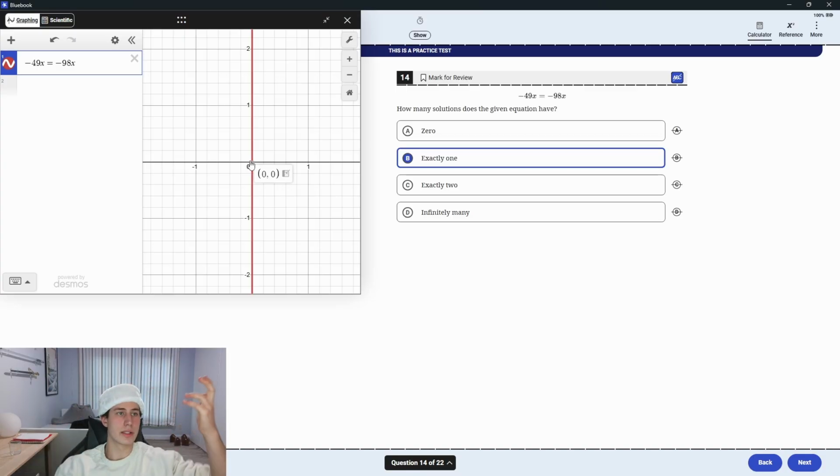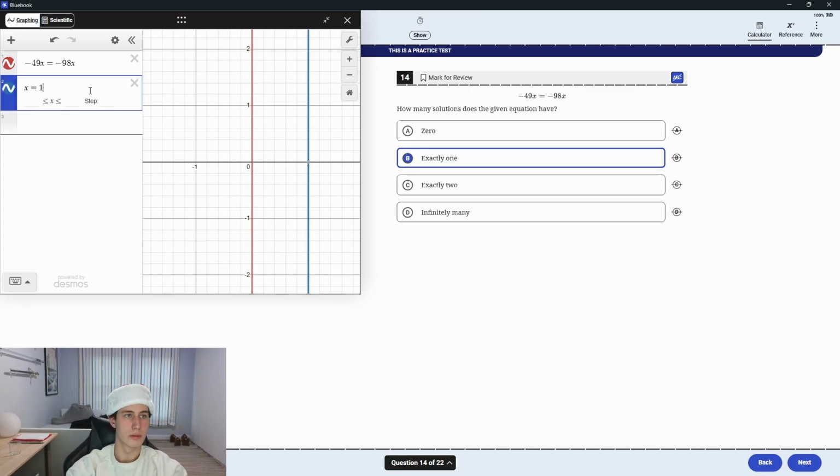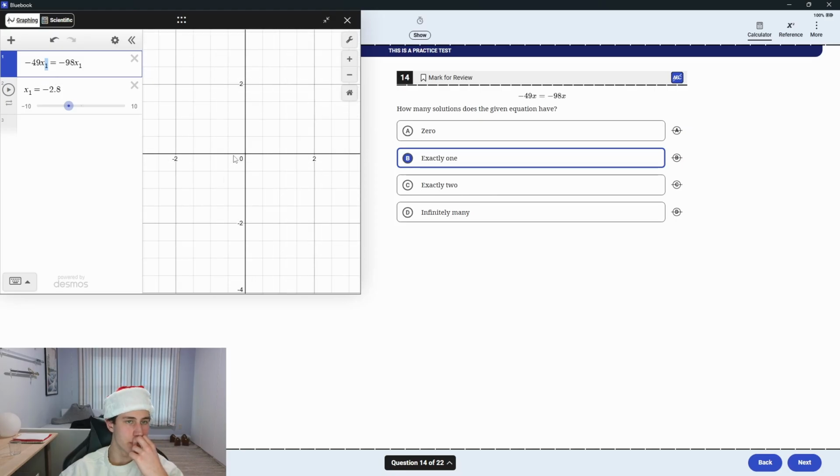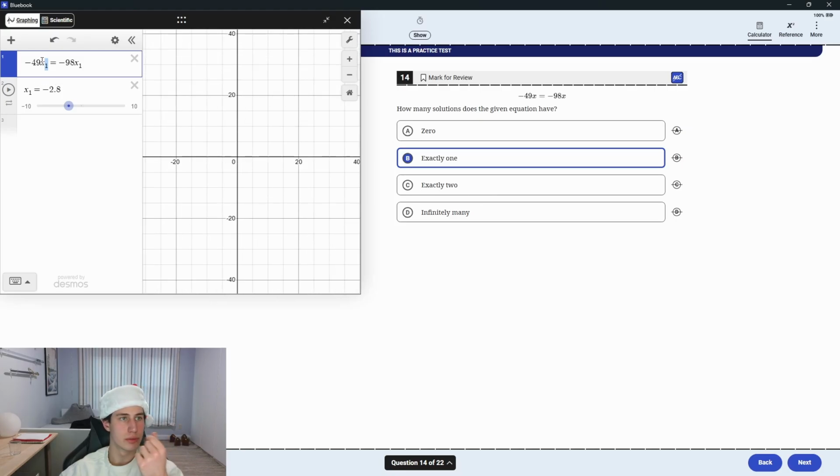Like if we do x equals 1, then we're never going to get an actual value because negative 98 is always going to be bigger than negative 49. So only when x is actually 0 do we get a true statement, because then 0 is equal to 0. So there's only one given solution.